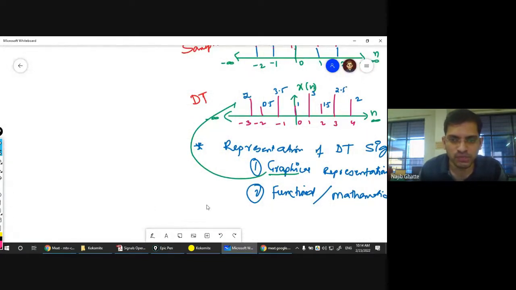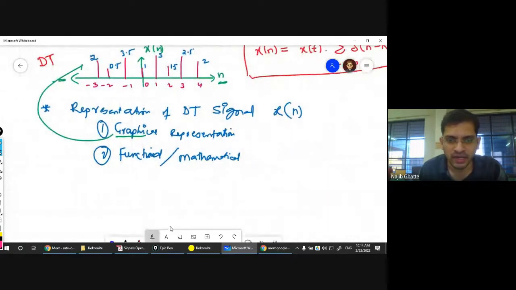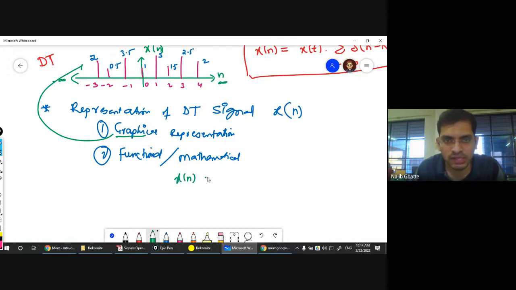For example, suppose I write x of n. I'll be writing x of n is equal to 1 for n equal to 0. It is equal to 2 when n is equal to -3 and 4.